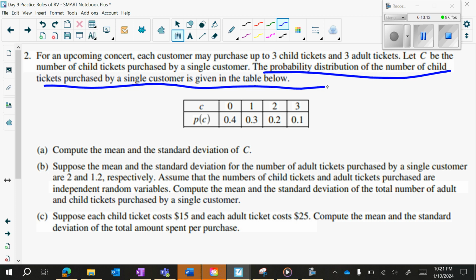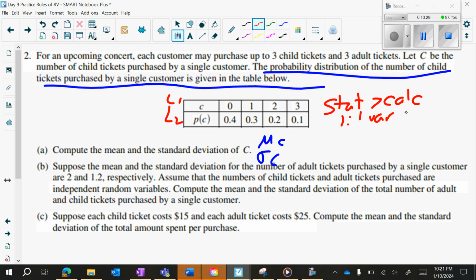You're going to find the mean of C and the standard deviation of C using the formulas from the reference sheet. And remember, you can put the data in the calculator in L1 and L2. You can go to stat, go over to calc, and choose one var stat. But if you do this method, you just have to make sure that you do L1 and then L2 for the frequency list. However, on the AP, they do not want you to write that down.